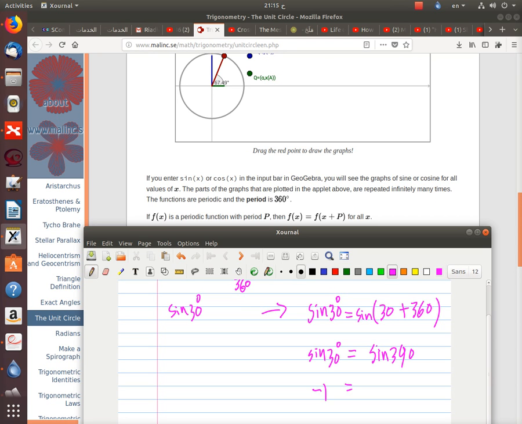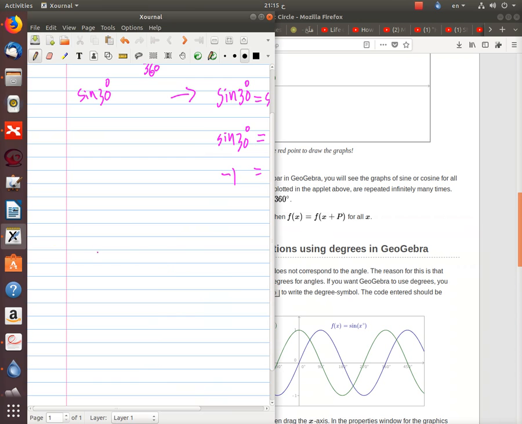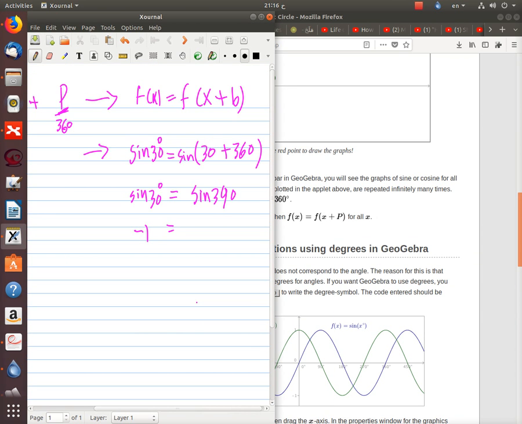Okay, perfect, so I've got it almost right, because sine 360 is not sine 390, it's something different. It's sine, cosine, sine, cosine, so it's going to be sine 30, and so on.